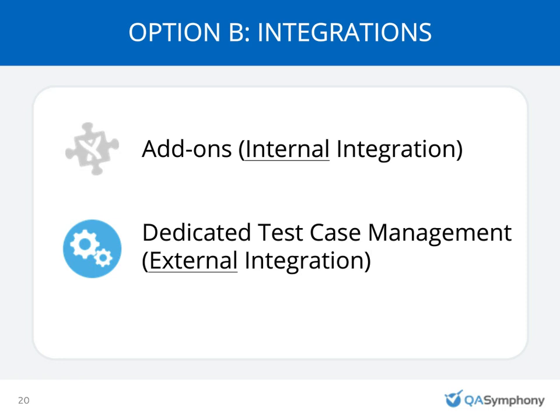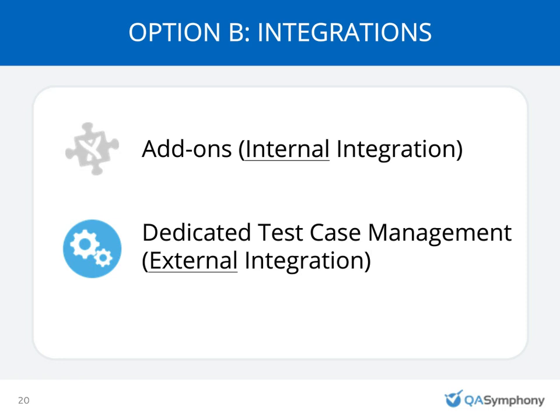I saw on the line that some people are using Qtest, some people are using HP. Those would be dedicated test case management solutions. If you use a plug-in or add-on to JIRA, you would fall into the first category. So we'll have something for both today, and talk about what add-on or dedicated solution would be good for you and give you some options.